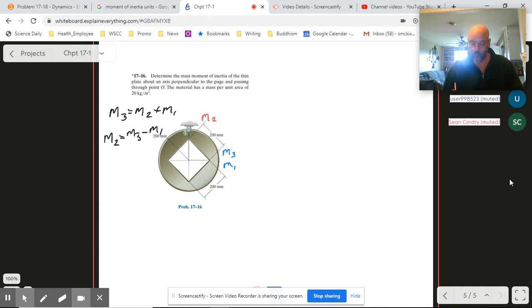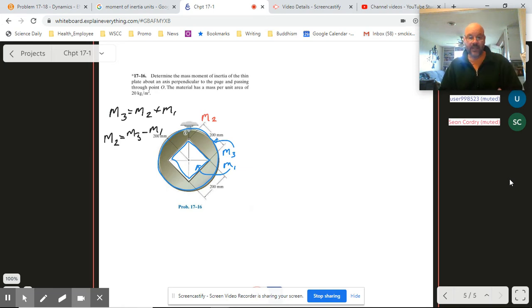M3 would be the whole disk, like this. And M1 is just this rectangular portion on the inside. Okay, now I'm sure that makes perfect sense.